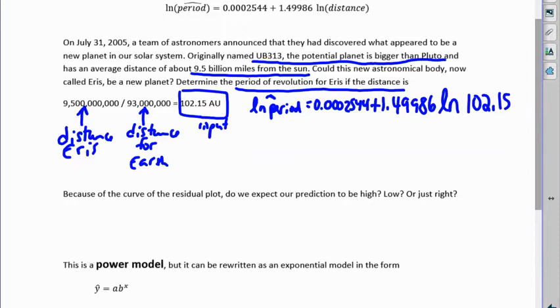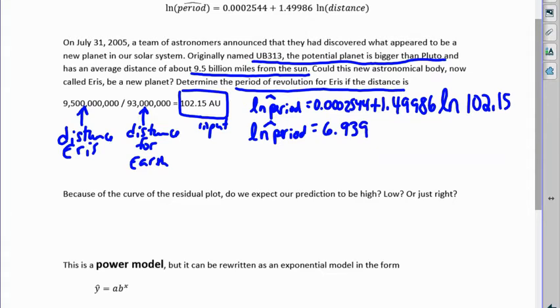And then I'm going to plug that in. So natural log of the period. And if I plug in, please try it out, plug in the right side. When you plug that in successfully with the natural log in the right place, you get 6.939, roughly.